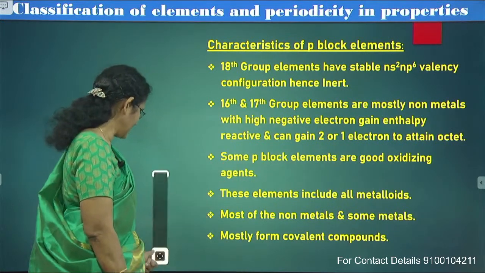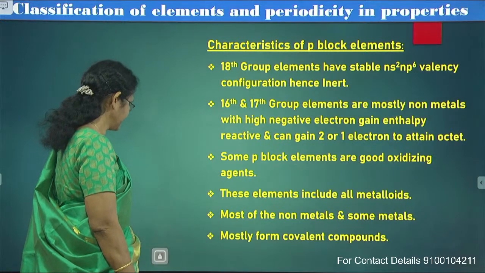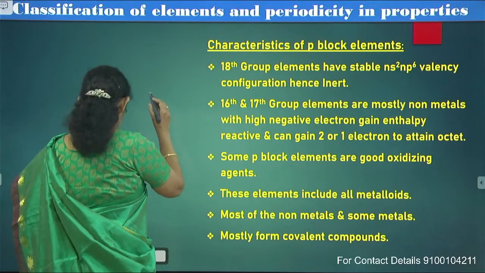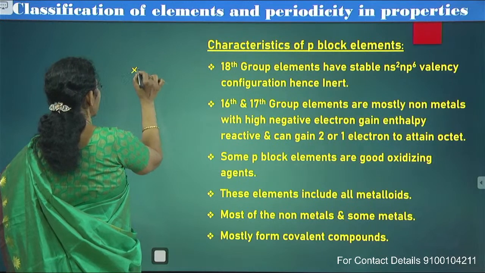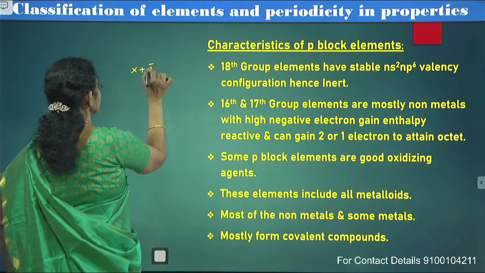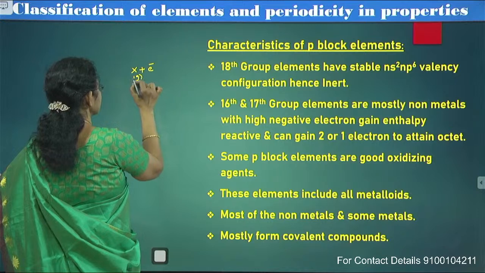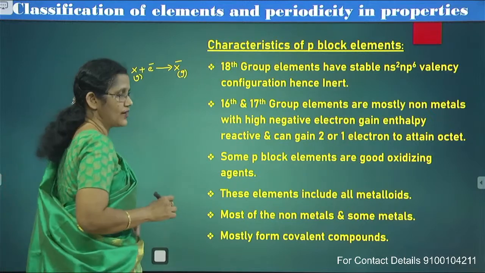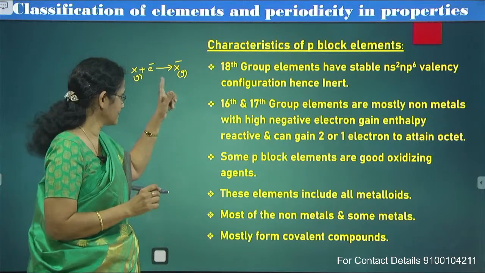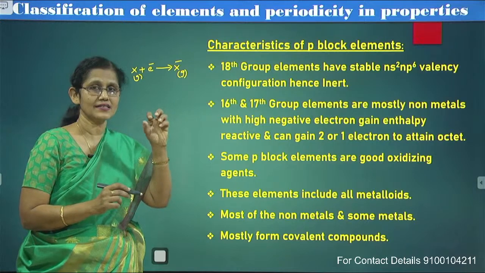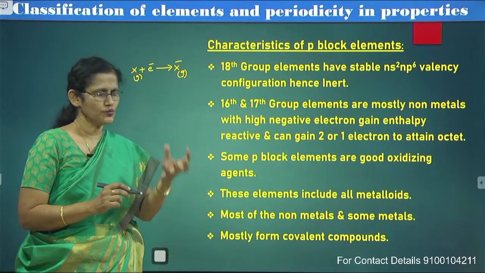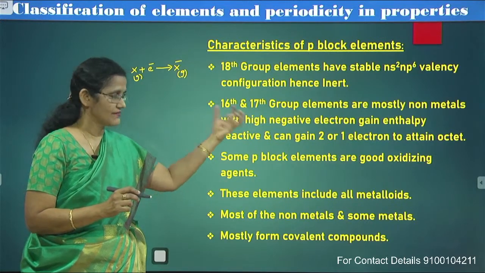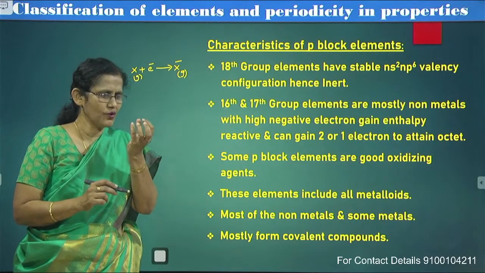What is this electron gain enthalpy? See, when you add one electron to an atom, how much energy is released? Usually the 16th and 17th group elements have small size.